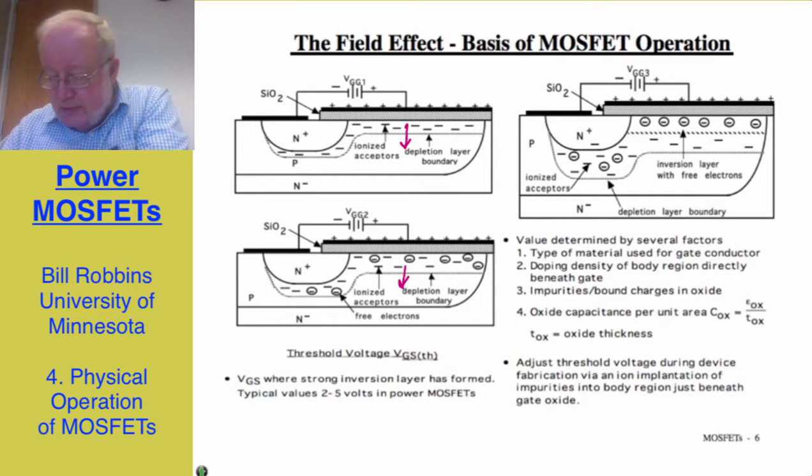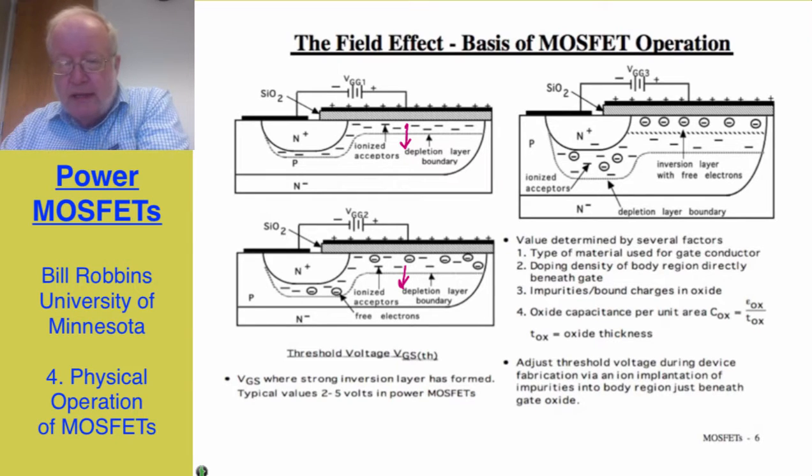If I increase the gate to source voltage even larger, as I'm indicating in the upper right hand corner, I ultimately am going to attract so many free electrons from the source region that they dominate the electron density at the interface. The free electron density is going to be much larger than the ionized acceptor density. And when we reach a point where the number of free electrons is numerically equal to the acceptor density, we call that an inversion layer.